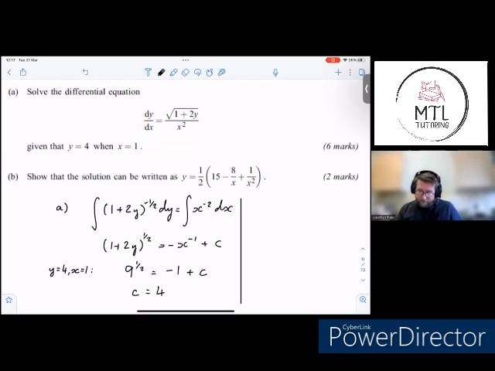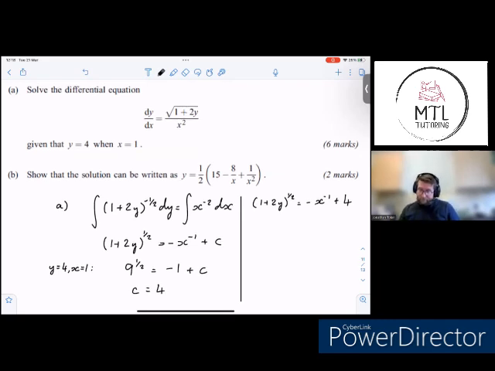So our answer then, we've got 1 plus 2y to the half equals minus x to the minus 1 plus 4. I mean, that's a solution.